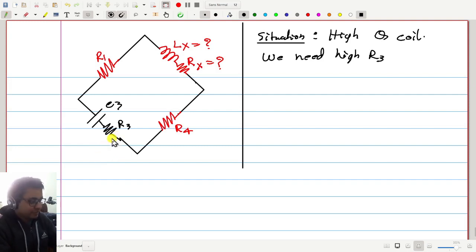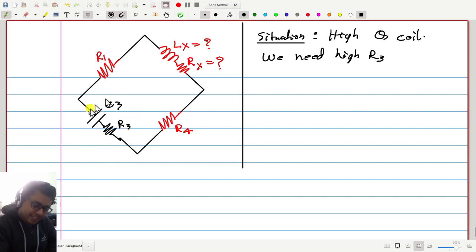So I'm trying to give you as many ideas as I have. But it's not that these are the only possible solutions. Instead of going for a parallel combination, you can go for a series combination. Then you can work with a small value of resistance.